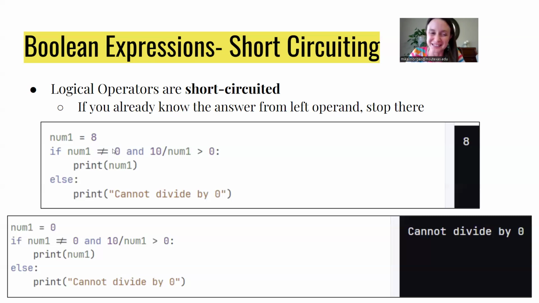Because if num1 equals 0, if that were true, I don't want to keep going. So I need to invert that. I need to say if num1 does not equal 0, then you're safe. You can go ahead and divide, do whatever you wanted to do, and actually find your result in your calculation.